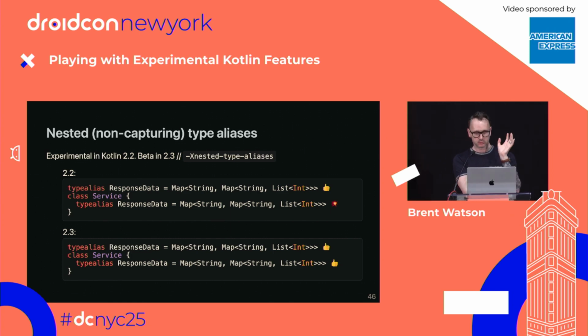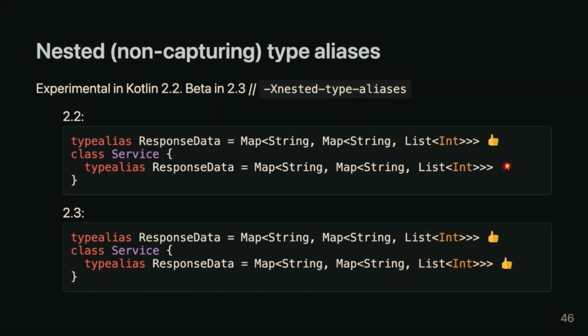There's a few extra things around this, like if the type alias is referencing an inner class to the class that you're in, you can now mark your type aliases as private, so that you don't leak the scope of nested or inner classes outside of the scope where they should be usable. So you can also do private type aliases now. There's a few other nuances, but more or less if you thought you could do this before and you couldn't, now you will be able to.